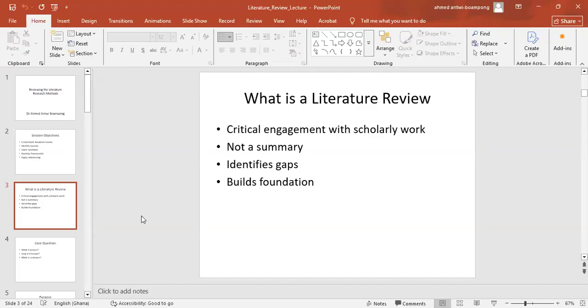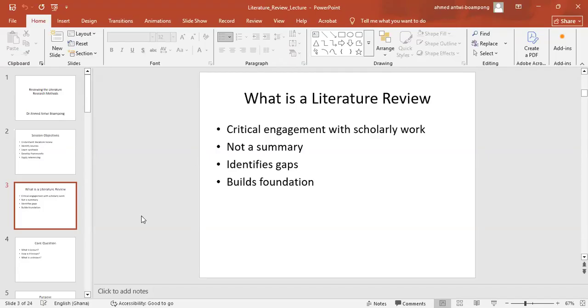So, blended learning adoption in Ghana. Are you following? You want to look at faculty blended learning adoption, so you are looking at faculty, lecturers, and the adoption of blended learning in teaching and learning in higher education institutions. You want to conduct a literature review, so you are identifying what is known. You go into the body of knowledge in the repositories and databases to identify what researchers within that area have said.